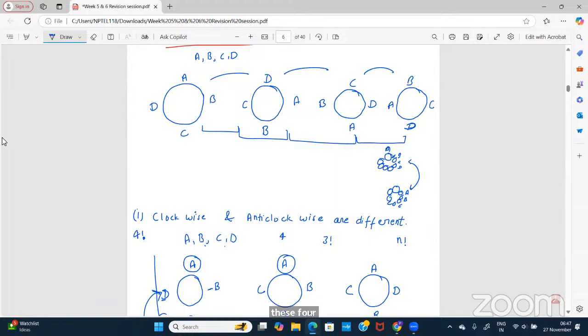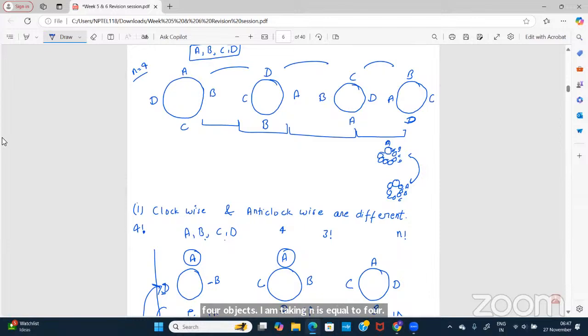Suppose I am taking n equal to 4. Here the same thing gives you 4 different possibilities, but they all are the same. So what we do, we divide by 4 here. If you divide 4 factorial by 4, that will be 3 factorial, right?